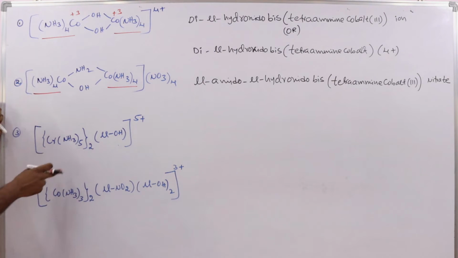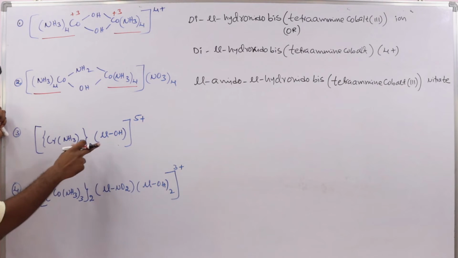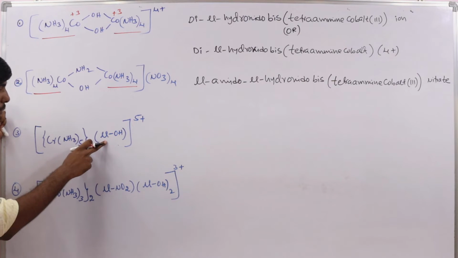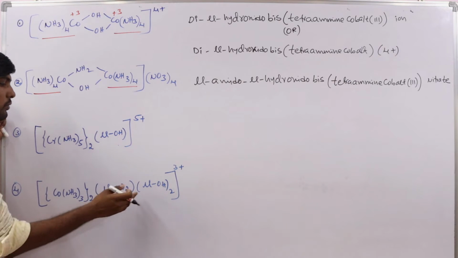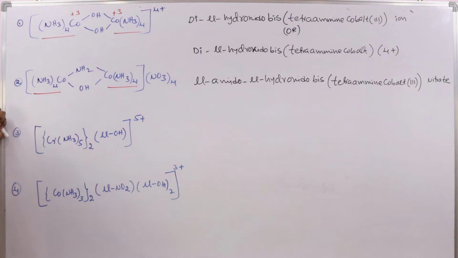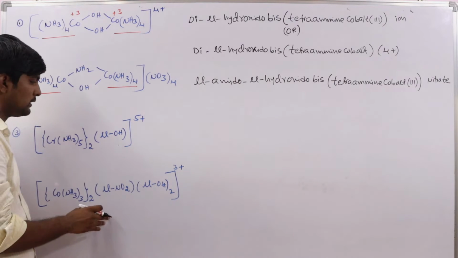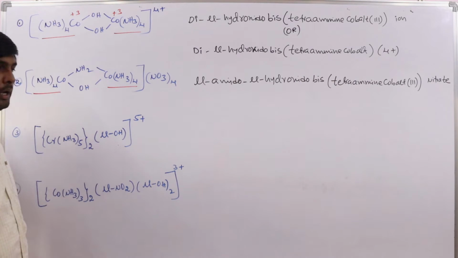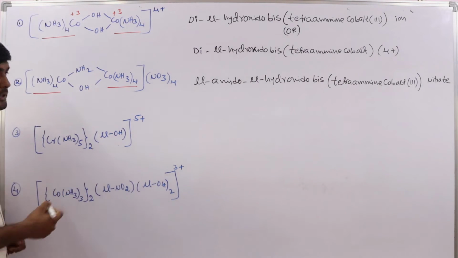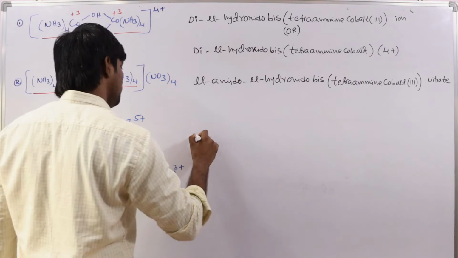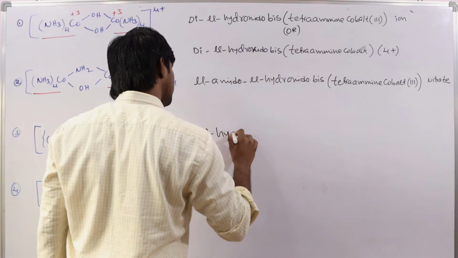In these two cases, along with the metal atom we are writing non-bridged ligands separately, and bridged ligands are represented with the symbol mu in the brackets, whether one ligand, two ligands, or three ligands. A bridged metal complex can be represented in this way also. Here also this is the bridged one. First we write the bridged ligand, so mu hydroxido.